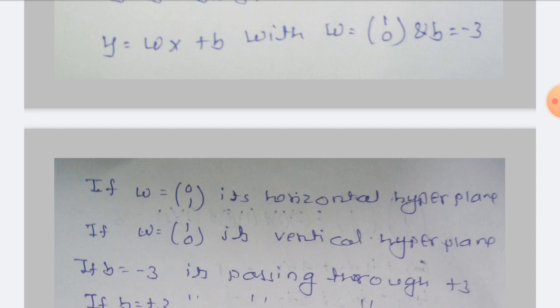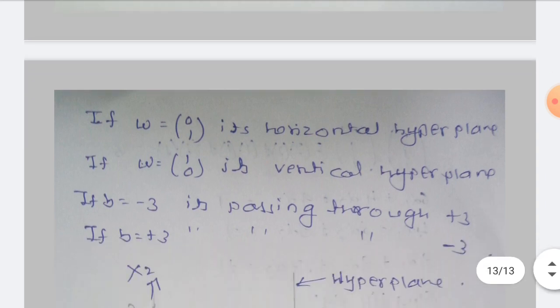But what will be the position? It is decided by the b factor. Now, if the b factor is minus 1, then it is passing through plus 1. And if b is equal to plus 3, then it is passing through minus 3. Now, in our example, b is equal to minus 3.